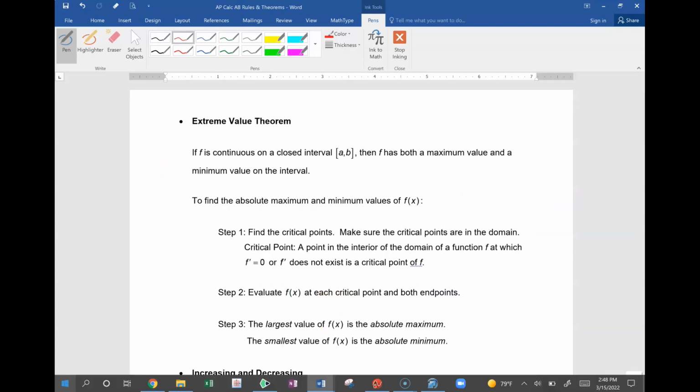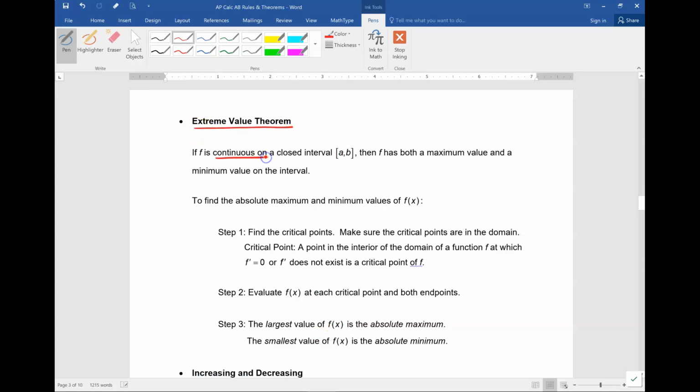Extreme value theorem. Okay? Extreme value theorem needs a continuous function on the closed interval [a, b]. This was one of the questions from Sunday.